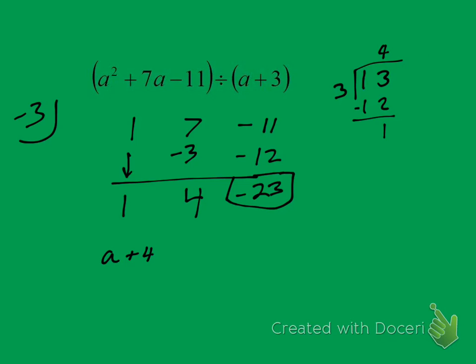How else could you write a remainder? Mixed number, okay. That's a good answer because the mixed number would also include the second part of the mixed number because it's a whole number and a fraction. That's what you want. Because you would write this as 4 and 1/3.